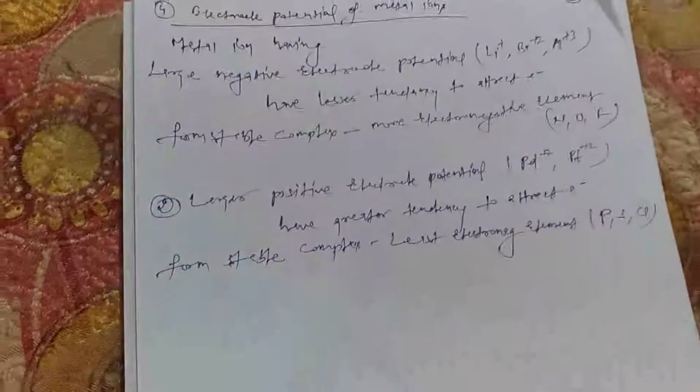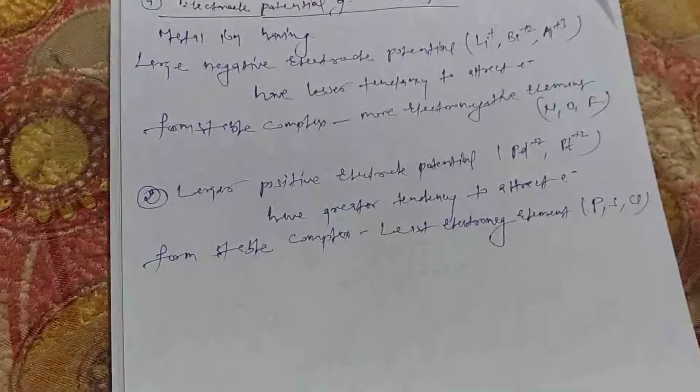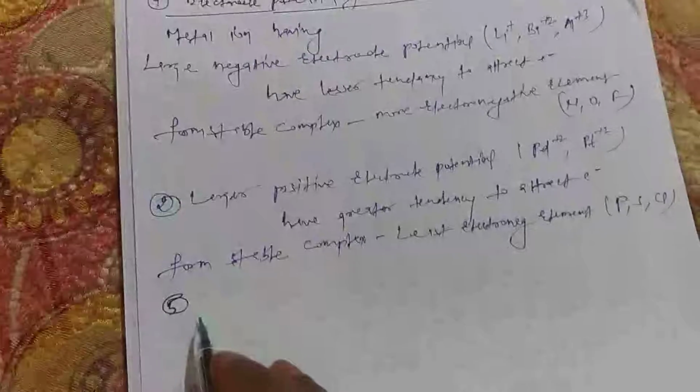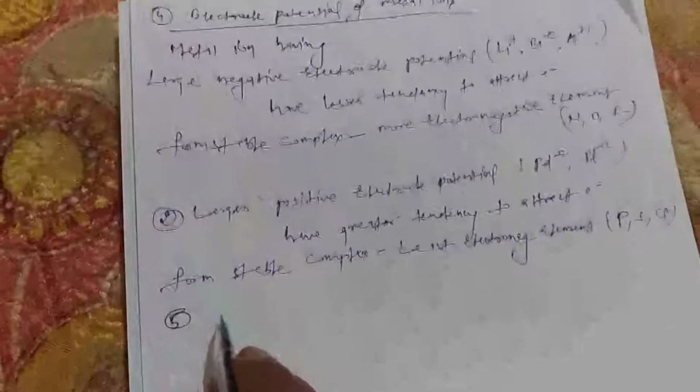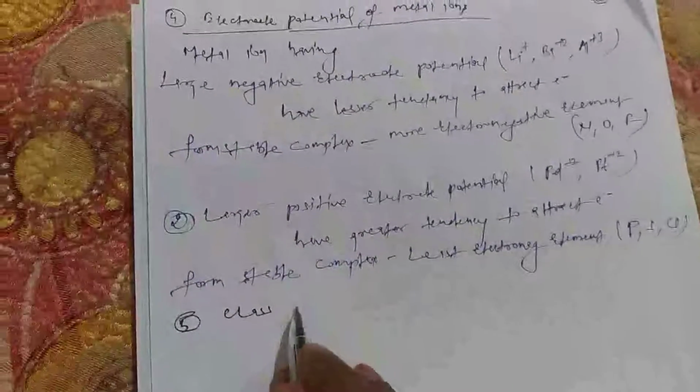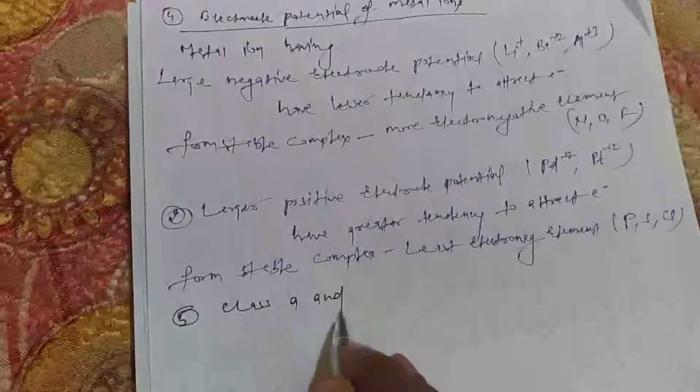Now the last factor, which is again very important, is called class A and class B acceptor metals. This is, I think, very new for you.